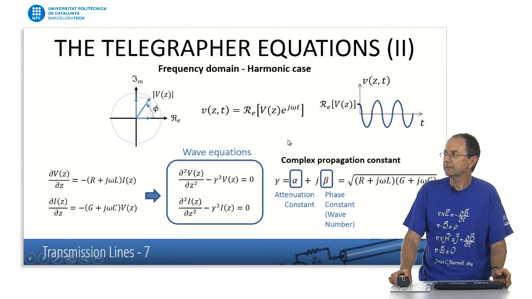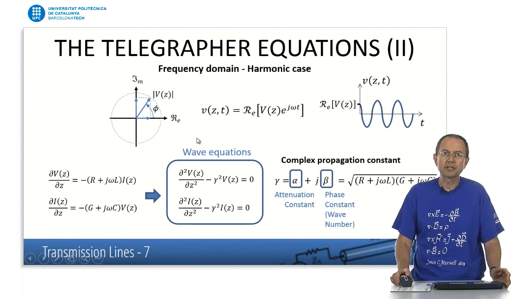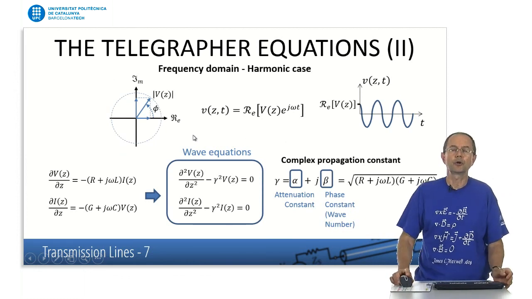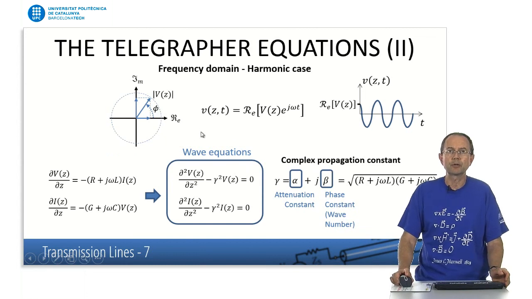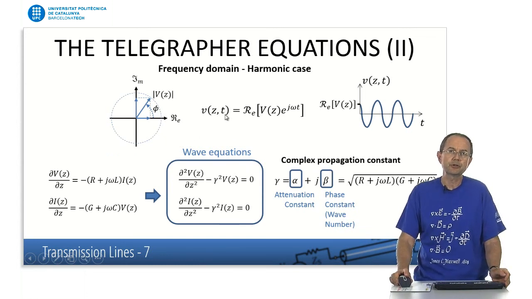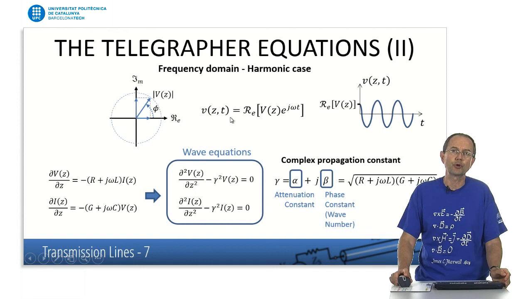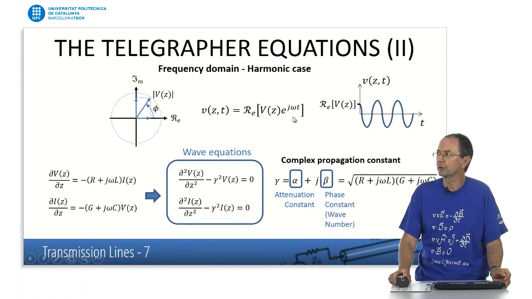To analyze this, let's take a look how these equations look when we assume the excitation of the transmission line is sinusoidal. In this case, we assume the time evolution of this signal follows this phasor here, which defines a frequency of the signal.